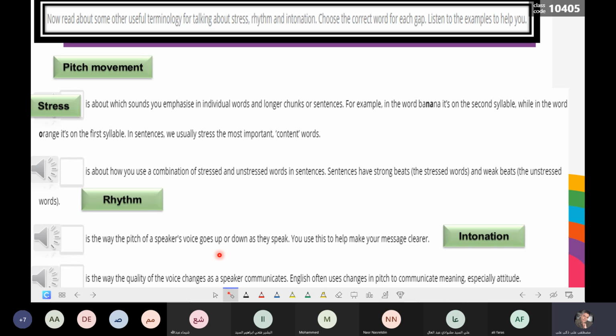For example, if I'm asking someone a question, are you from Egypt? And he said, yes. If I'm asking him another question, for example, we are having a party, would you like to share with us? Yes.